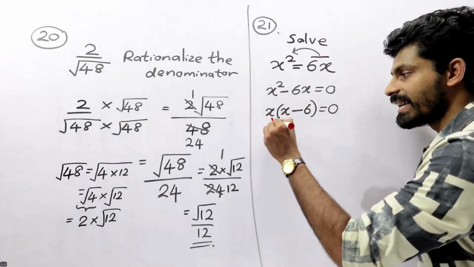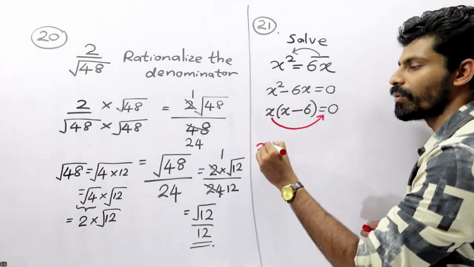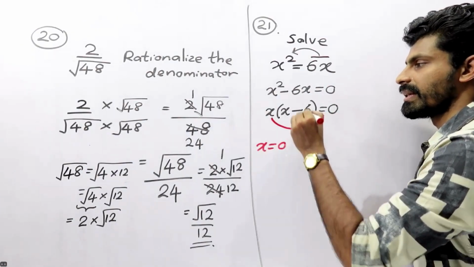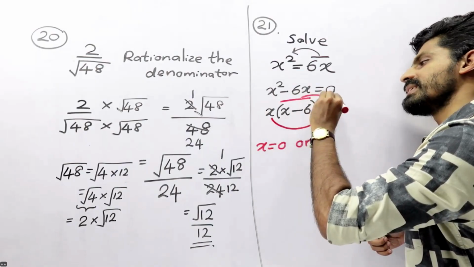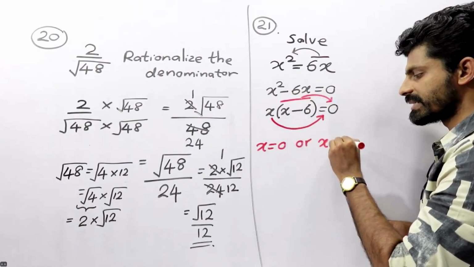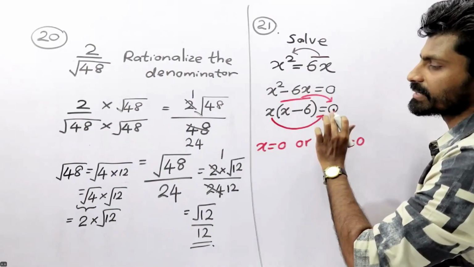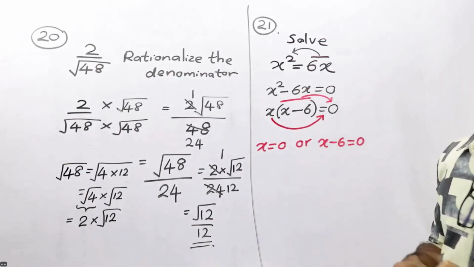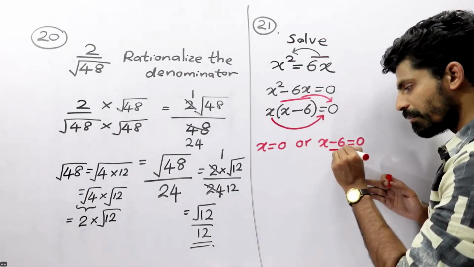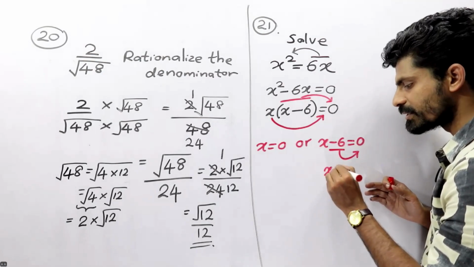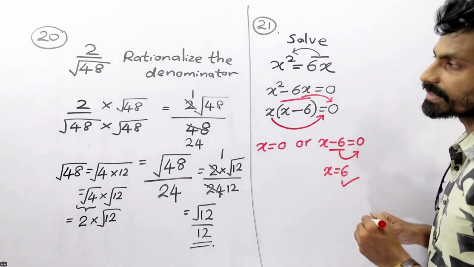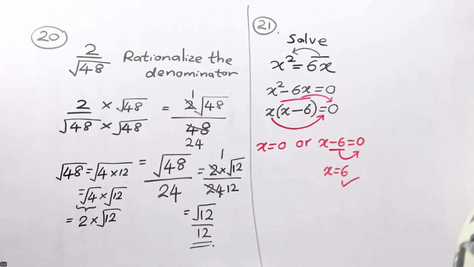Now x equals 0 or x minus 6 equals 0. Moving minus 6 to the other side, x equals 6. So x equals 6 or x equals 0.